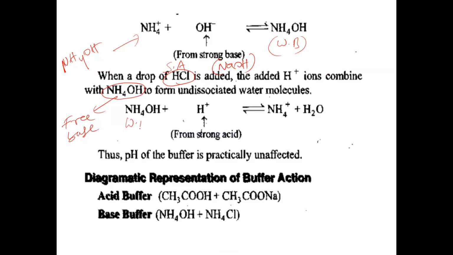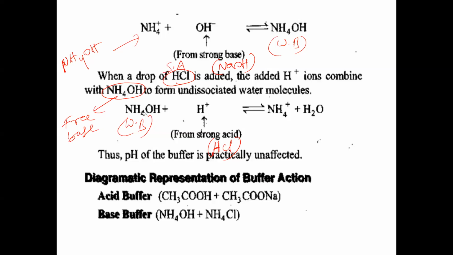The weak base present in the basic buffer interacts with H+ ions coming from strong acid HCl. More H+ ions come from HCl, and they combine with free base to form undissociated H2O molecules.